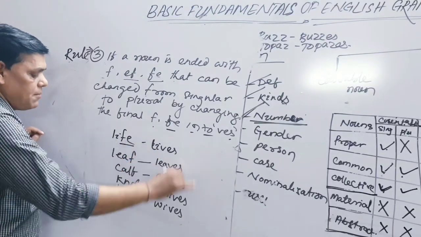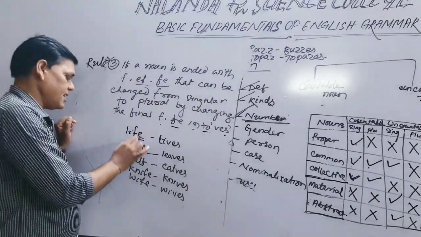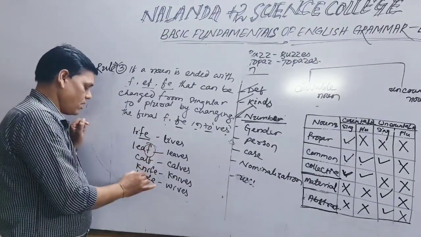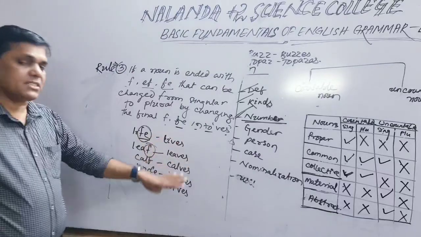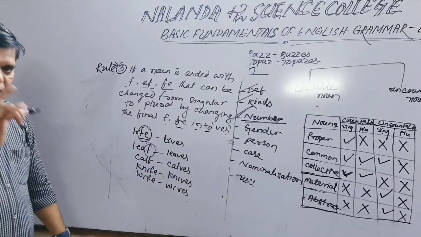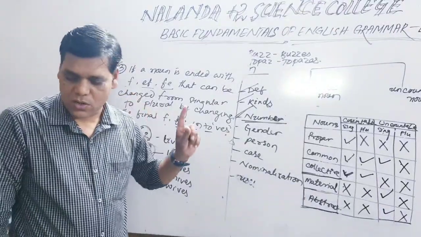So students, from the given discussion, it is clear that if a word is ended with f, fe or ef, that can be changed into ves while making plural. This is the third rule related to changing the noun from singular to plural.